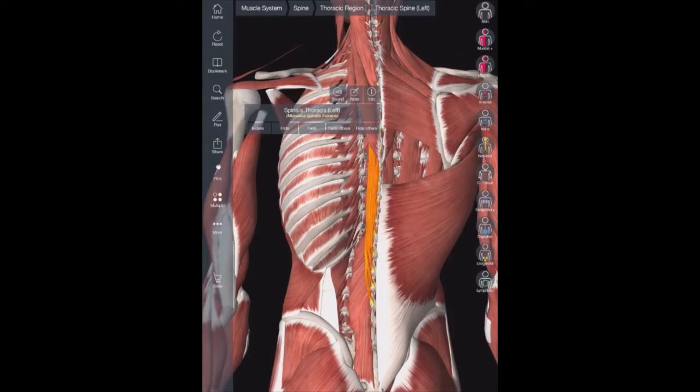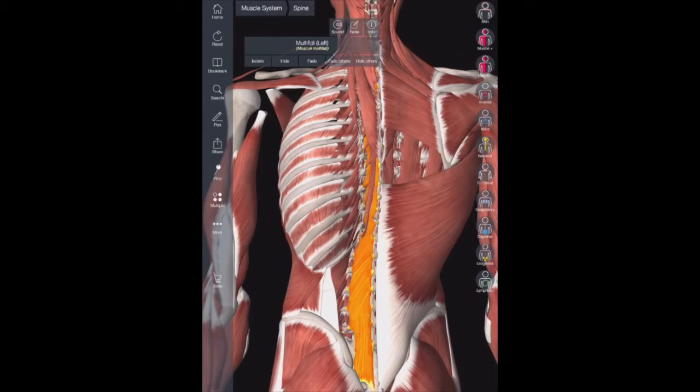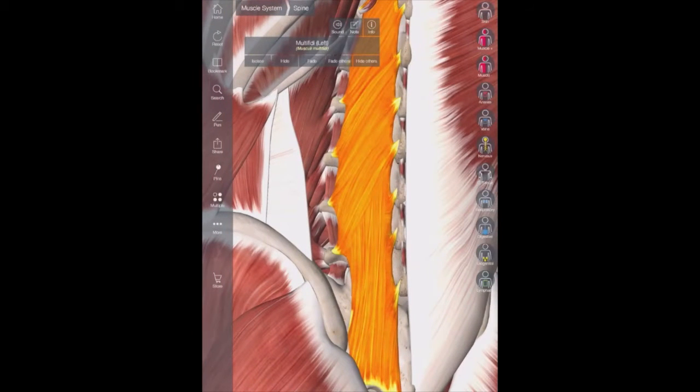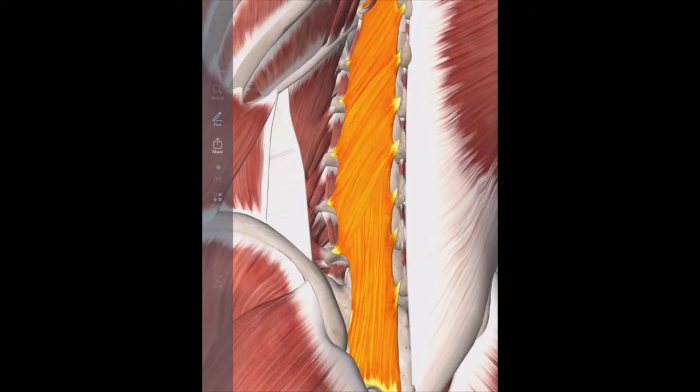So we'll hide those, but there's one further group, which are part of these erector spinae muscles that I want to talk about, called Multifidus. And these are very interesting because you can see in this view that they have their origin on the transverse processes of the C2 to L5 vertebra, so the majority of the vertebra, and they insert on the spinous process of the more superior vertebra here.